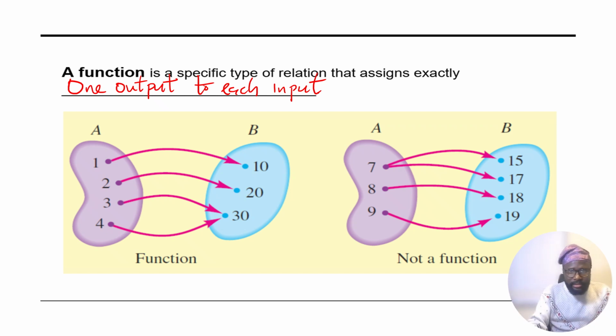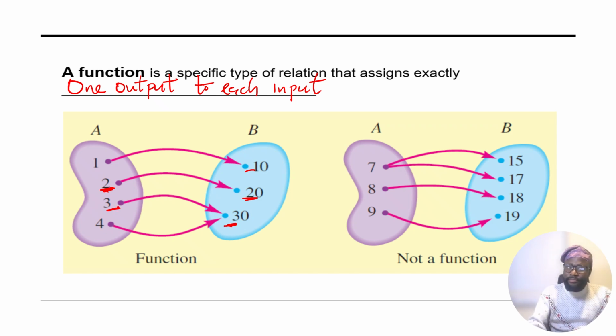So look at it. This is a function. How do I know it's a function? 1 gives 10. Did you see that? The input is 2 and the output is 20. Did you see that? 3 gives 30.